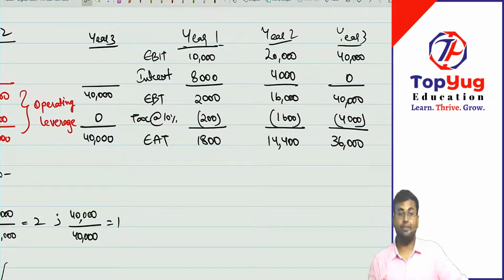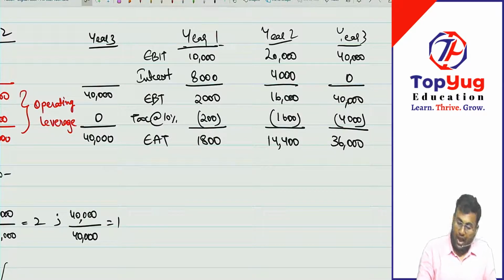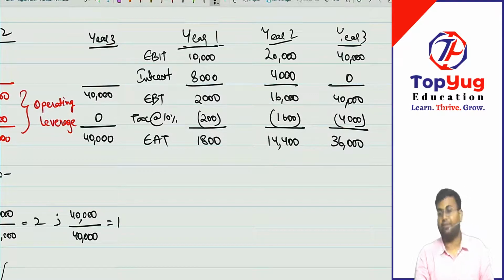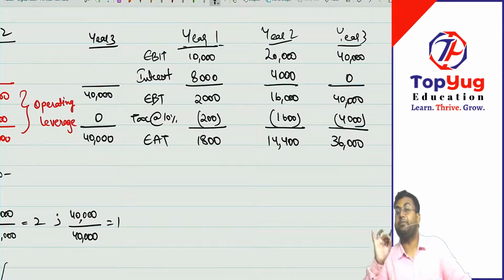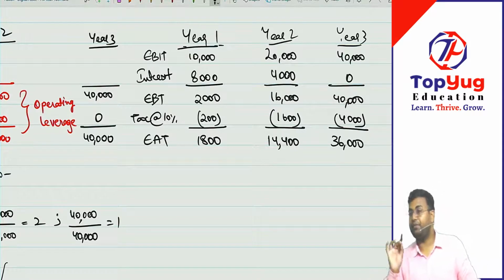How many of you agree with me? See here, because there was a higher interest of 8,000, I was paying only 200 rupees of tax. Otherwise, I would have paid 1,000 rupees of tax. How many of you agree with me?